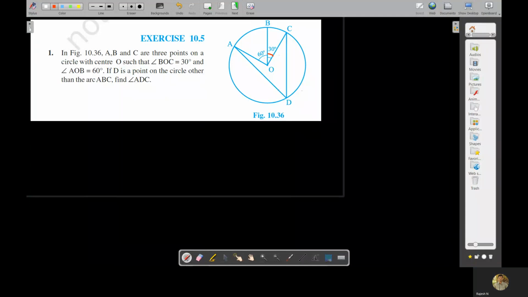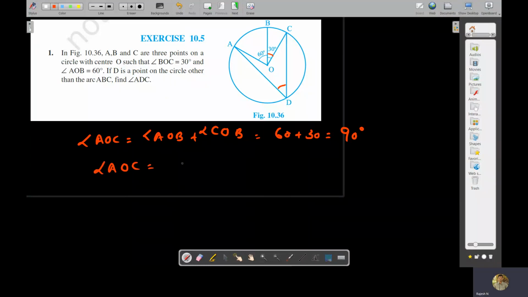So that is easy. So you know angle AOC is what? Angle AOC is equal to angle AOB plus angle COB. So 60 plus 30. Answer is what? 90 degree. You know, angle subtended by an arc at the center is double the angle subtended at any point on the remaining part.